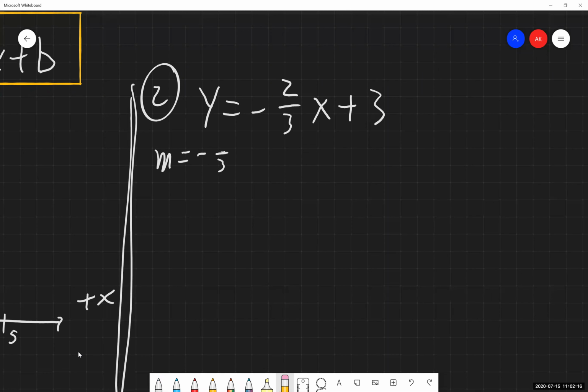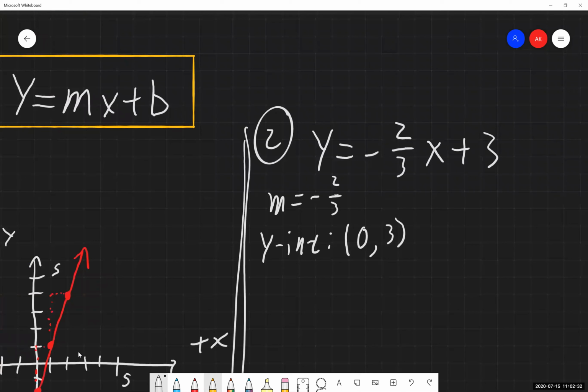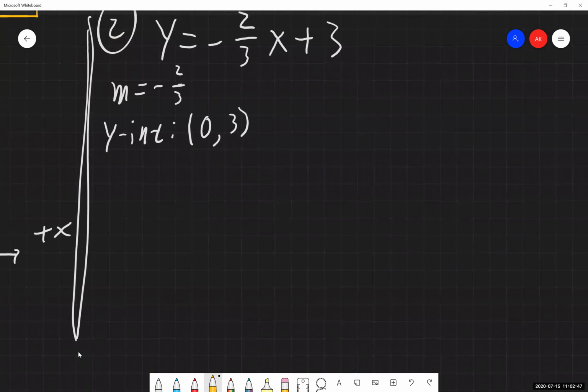Make sure you are including the sign with that. And then our y-intercept is (0, 3). And again, let's reference back up to our general form to find our slope and y-intercept. Okay, so we have the slope, we have the y-intercept. We need to make a set of axes for ourselves, and then we can go ahead and graph this.